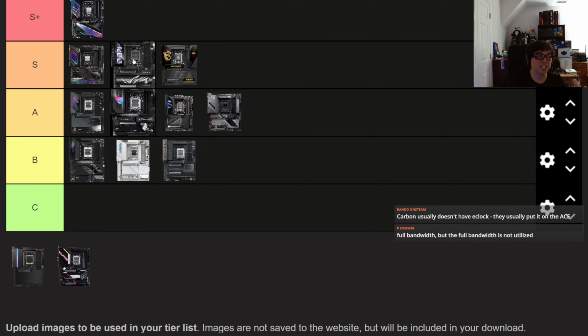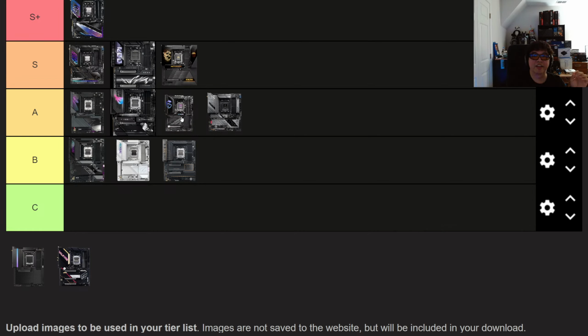The Hero is the Asus $700 board. So definitely the Ace has it. But what I'm curious to know is, does MSI's $500 board have E-clock? Because Gigabyte's $500 board does, Asus's $500 board does, and we're assuming that the Taichi from ASRock, which is $449, may also have the E-clock.